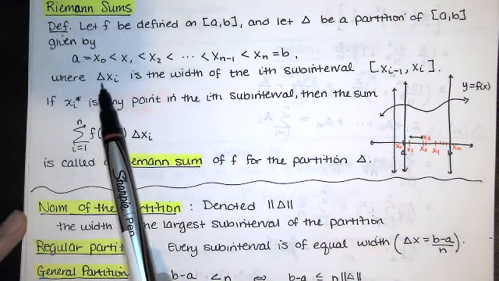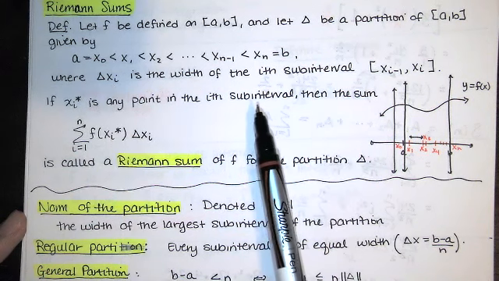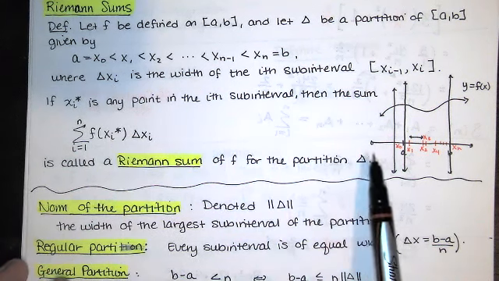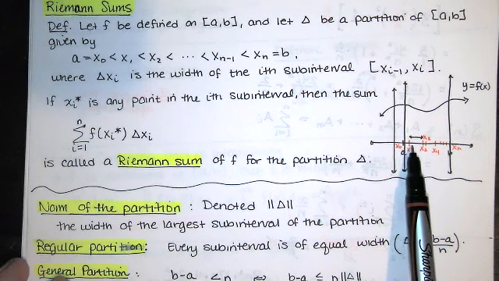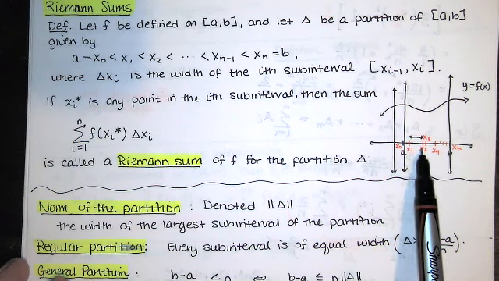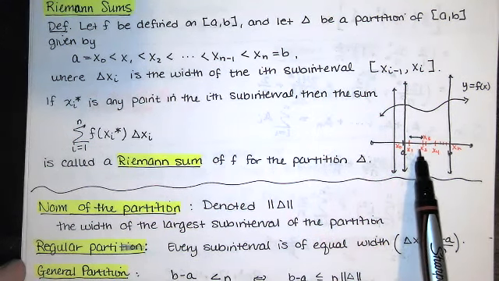And then we're going to let delta x sub i be the width of that ith subinterval. Now, notice that the first subinterval goes from x sub 0 to x sub 1, and the second subinterval goes from x sub 1 to x sub 2. So the ith subinterval always ends with x sub i.